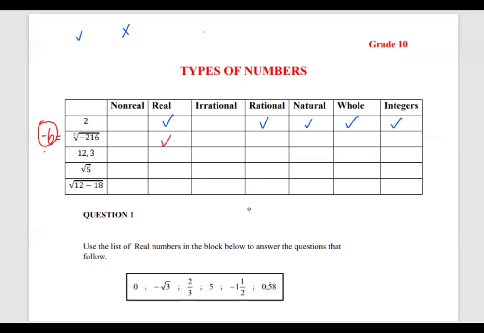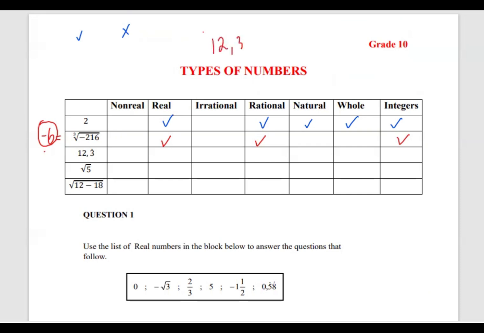No, it's a real number. Is -6 irrational? No, it is rational. Is negative 6 a natural number? No. We don't have negative numbers even with the whole numbers, but negative 6 is an integer.